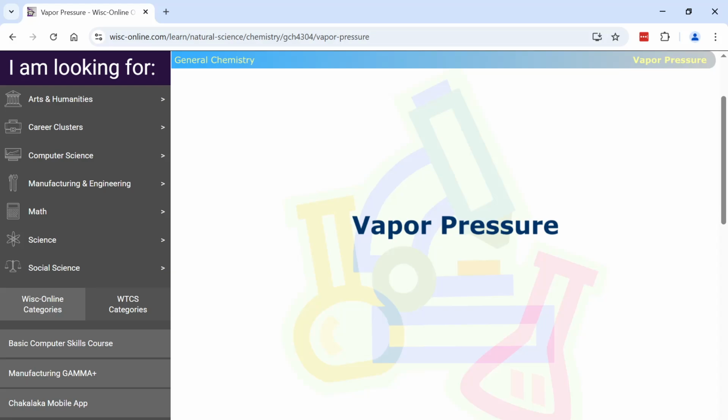Yeah, so the gas molecules escape and they go into the air. But in order to measure a vapor pressure, what kind of container does it have to be in? Closed, okay? Because otherwise the gas will just continue to escape and you won't reach an equilibrium vapor pressure, where the amount evaporating is equal to the amount recondensing, okay?